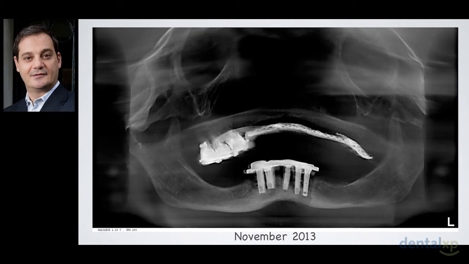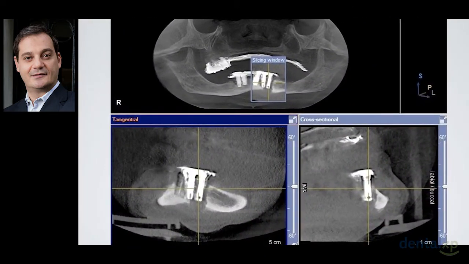When I took a cone beam and looked at the panoramic view, you can see the amount of damage on the left side. And when we look at the cross-cut, what started as plaque accumulation led to a complete destruction of the lingual plate and an infection of the sublingual spaces. So this can turn into a serious matter.